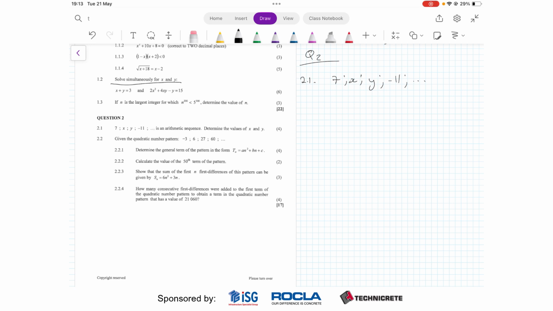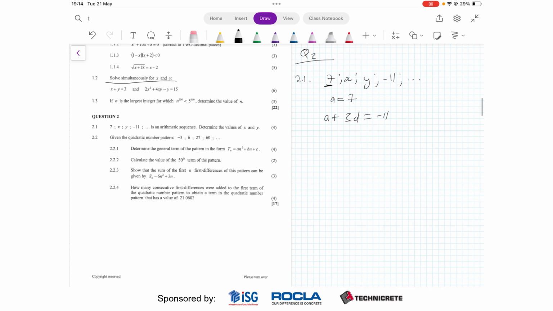Now, in trying to determine the values of x and y, we have a formula that we can use. We know that the first value of our sequence is given by a, right? And then from a, we know that a plus 3d is equal to −11.